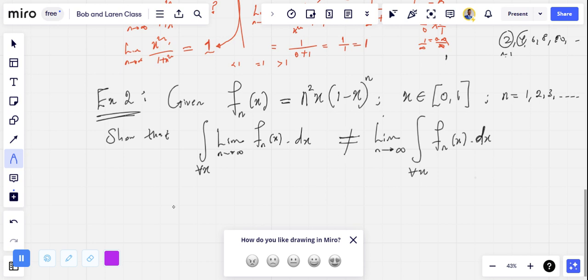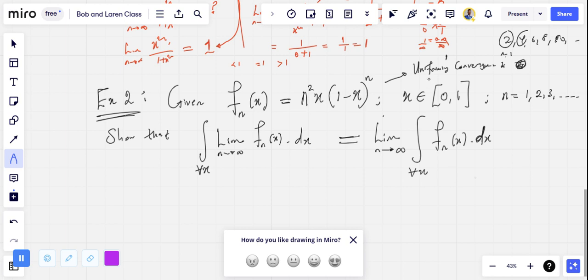And then what if I ask you, under what condition are they said to be the same? The condition is when f_n of x is uniformly convergent to zero.